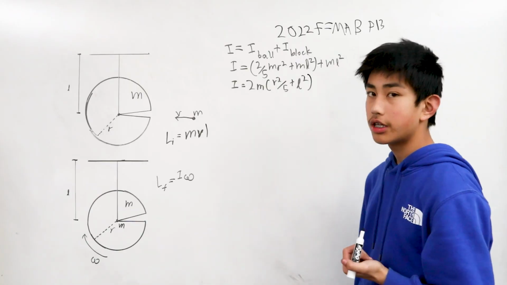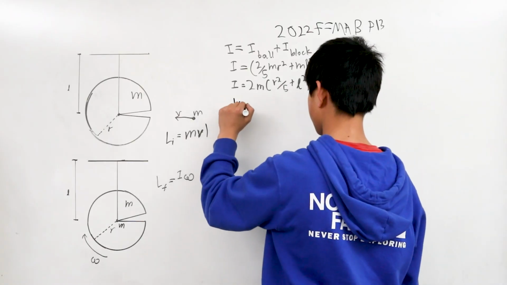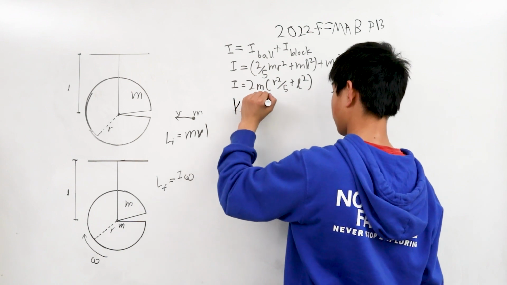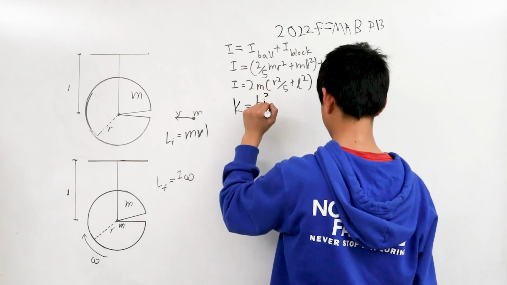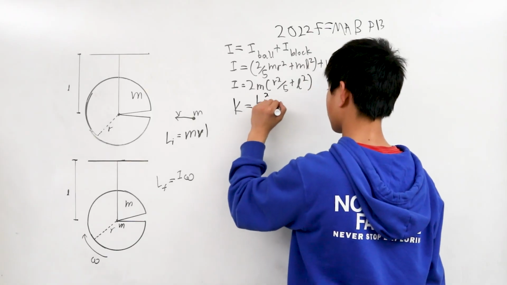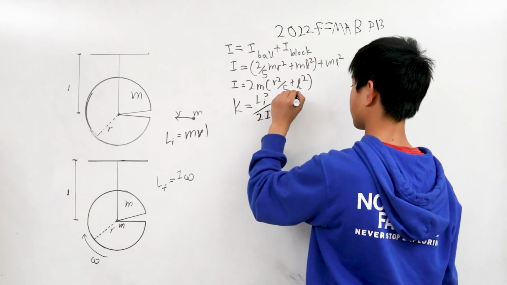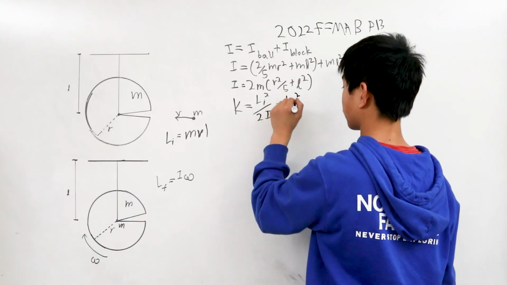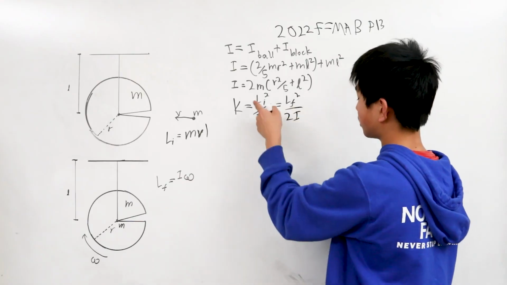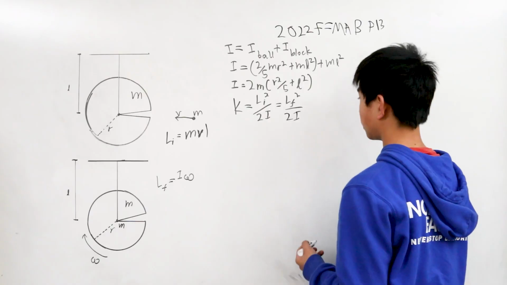And this is pretty handy because the kinetic energy at this point is equal to L initial squared over 2I, and this is L final squared over 2 times the inertia. So since you set these equal to each other, well, you can use this one.